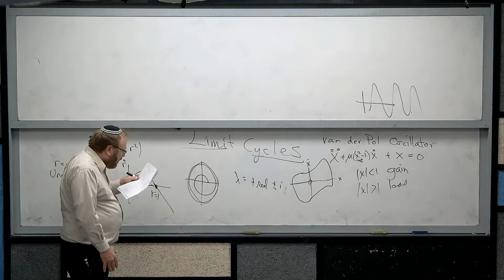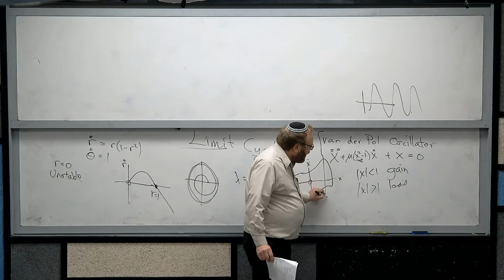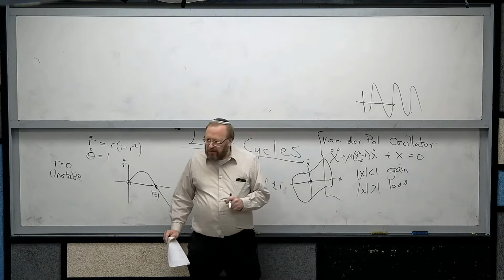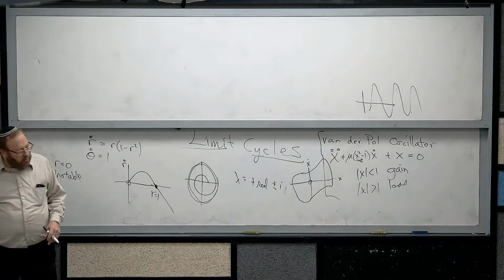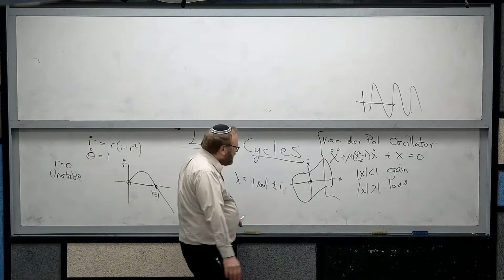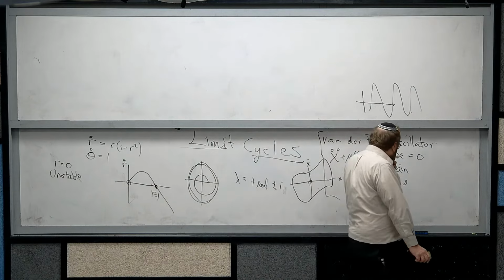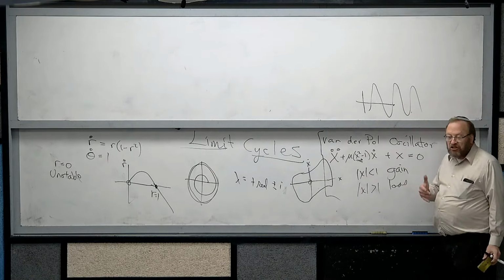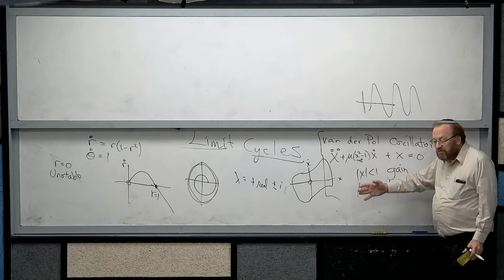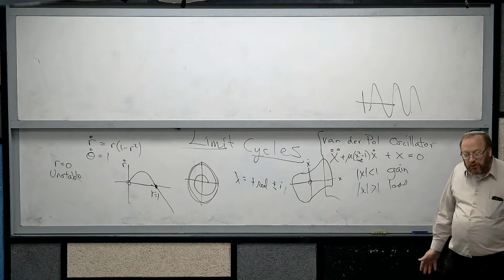Now, we're going to spend most of our time talking about this in two different limits. That's not the order that Strogatz does it, but since we're here, we might as well talk about it. In general, for arbitrary mu, the only thing you can do is hand it to MATLAB and have it draw pictures for you.